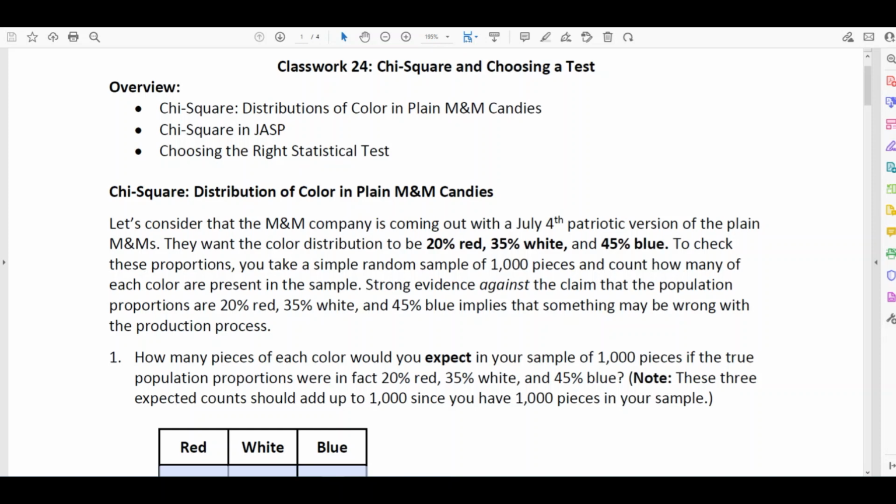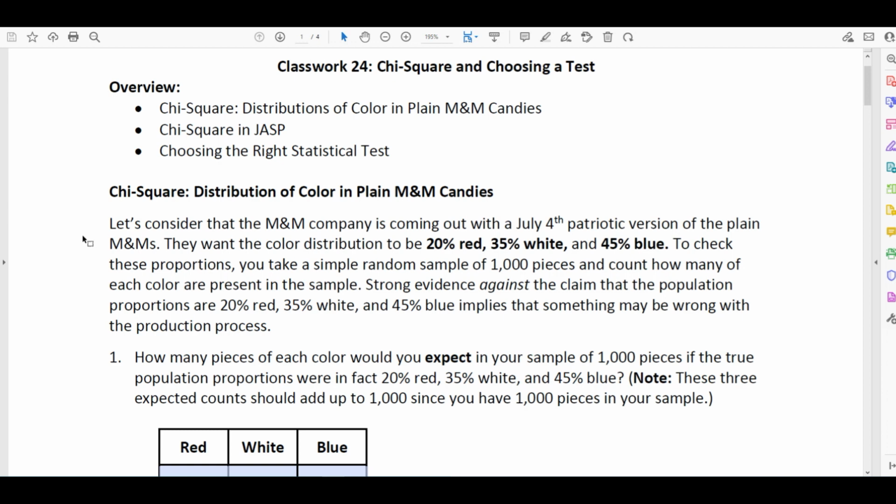Welcome back. Today we'll be talking about chi-squared tests and choosing the appropriate statistical test for a particular research situation. We'll begin with talking about chi-squared in general, what it is, and we'll talk about it in the context of an example where we're looking at the distribution of colors of plain M&M candies.